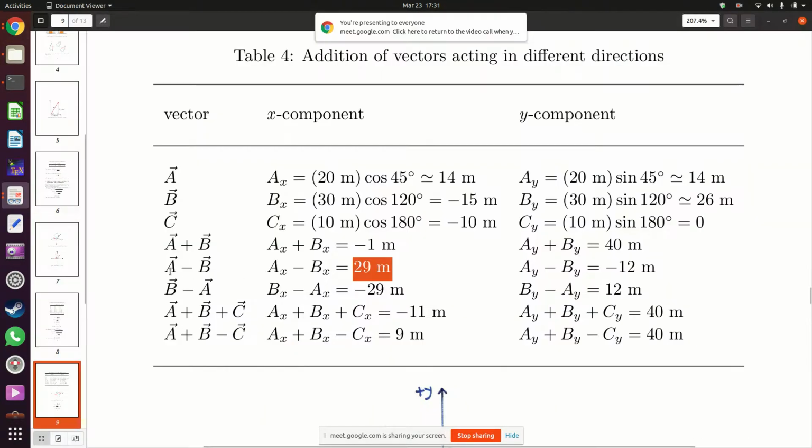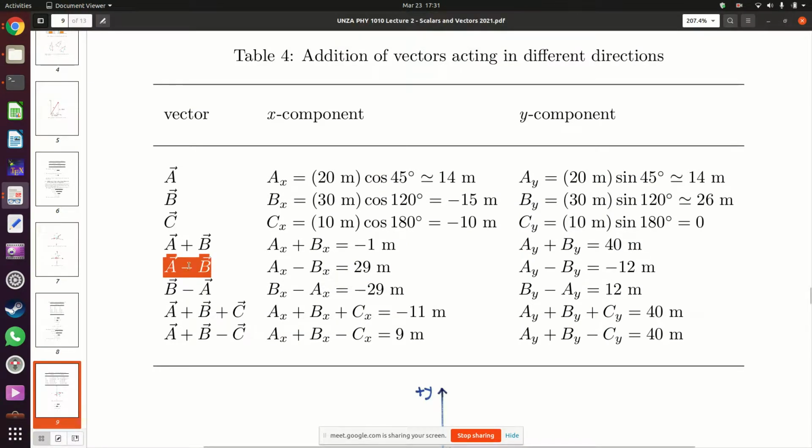Here, a minus b, we need to find out how much a minus b is along the x-axis. How do we get that? It is ax minus bx. Ax is this one, 14 meters. Bx is minus 15 meters.